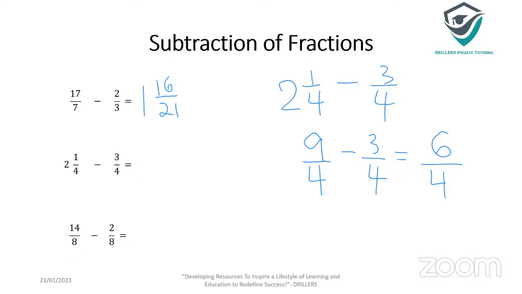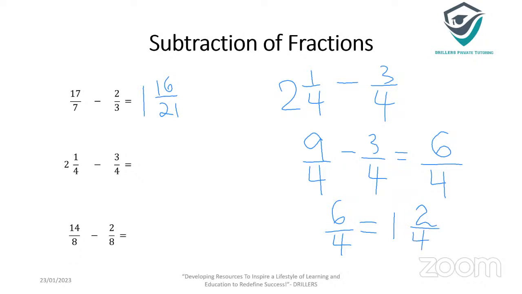So all we have to do now is simplify. So if we have 6 over 4, that 4 can go into 6 one time with a remainder of 2. So we put that remainder over 4.